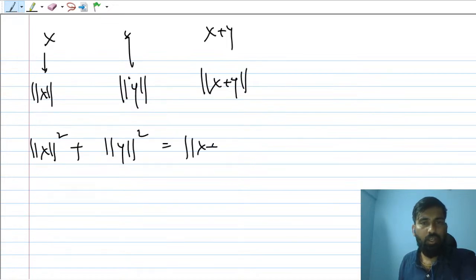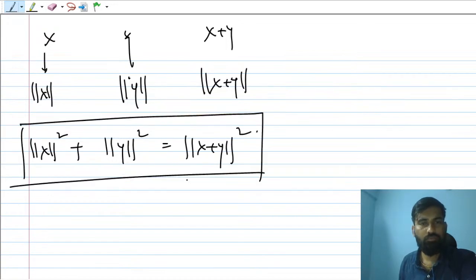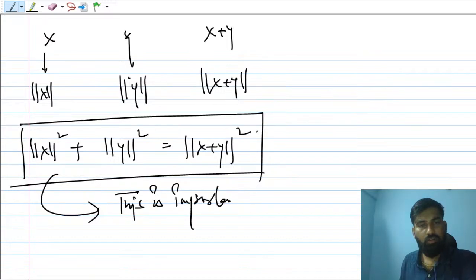So the norm of x squared plus the norm of y squared equals the norm of x plus y, whole squared. This is an important condition for orthogonality.